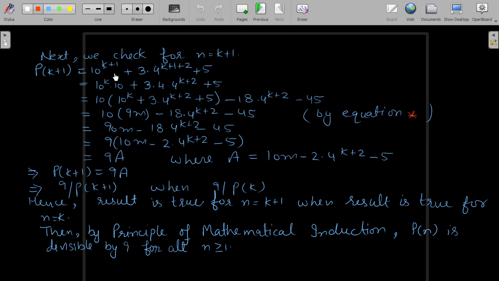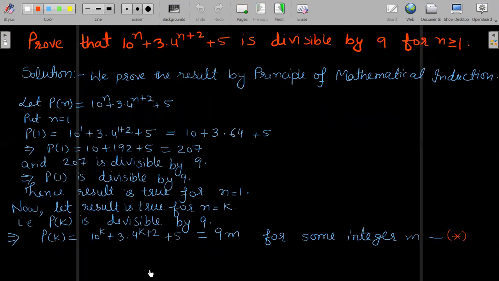P(k+1) is equal to 10^(k+1) + 3·4^(k+1+2) + 5. We only put the value n = k + 1 in Pn. This becomes 10^k·10 + 3·4^(k+2)·4 + 5. We separate these terms as Pk because we use the term Pk, the star equation: Pk = 10^k + 3·4^(k+2) + 5.